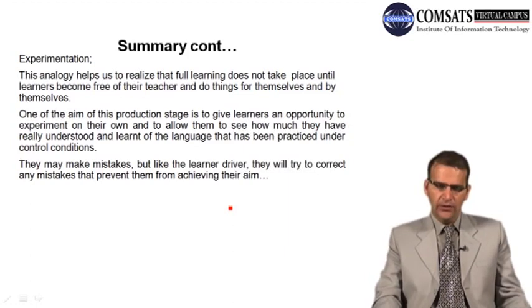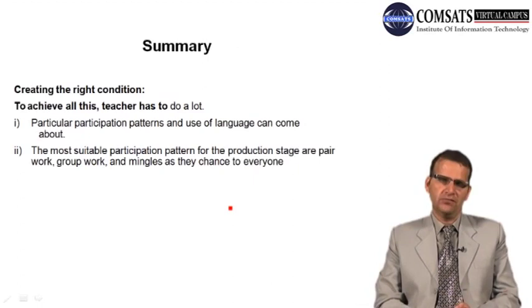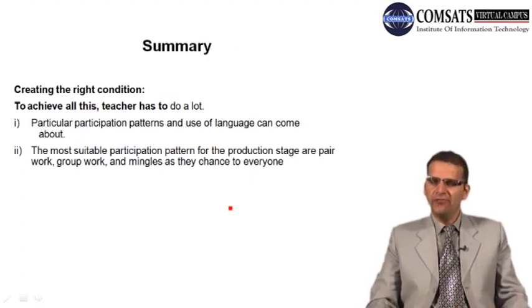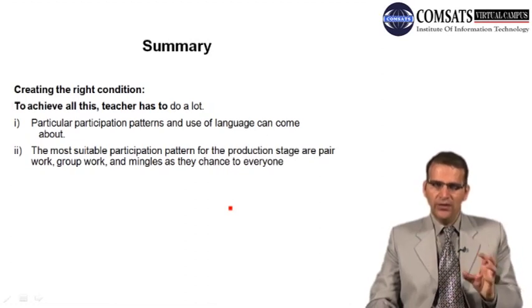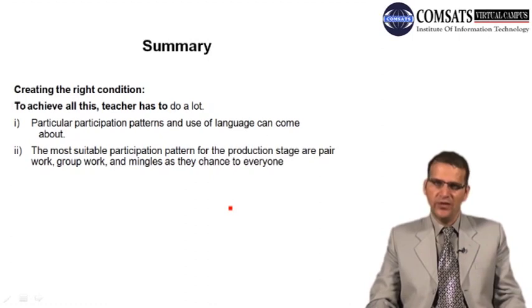So that really works. Then, my dear students, teachers have to create the right conditions and a good environment in the production stage, and to achieve this, the teacher has to do a lot. The most suitable participation patterns for production are pair work, group work, and mingling with the students, which is very important.